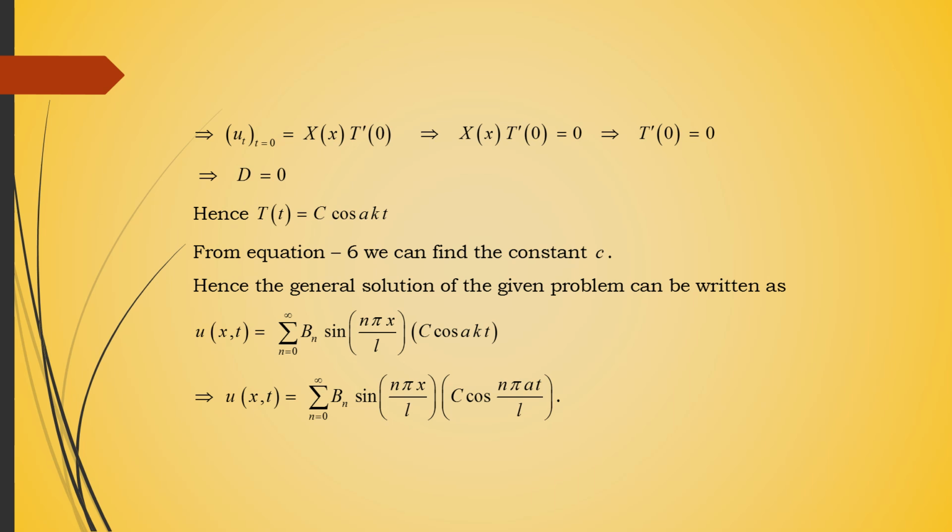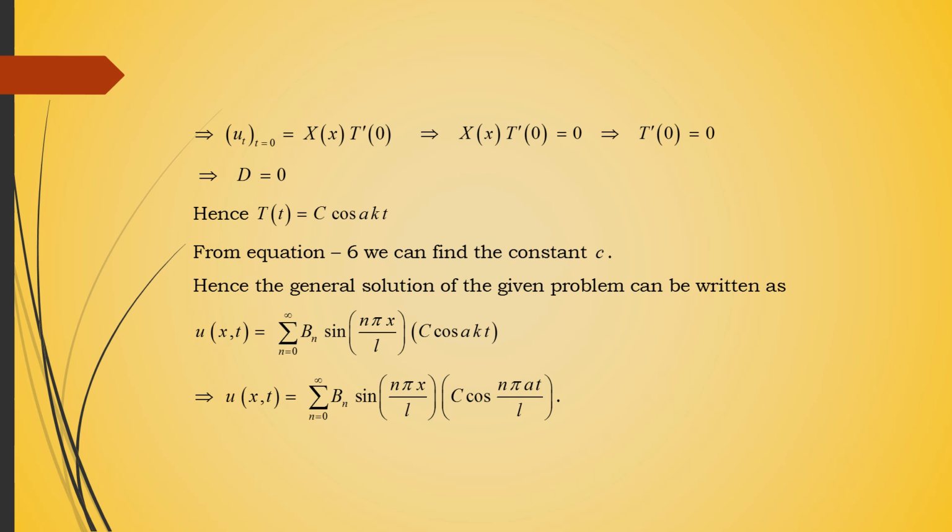Then we get u(x,t) = summation n equals 0 to infinity B_n sin(nπx/L) times C cos(akt).